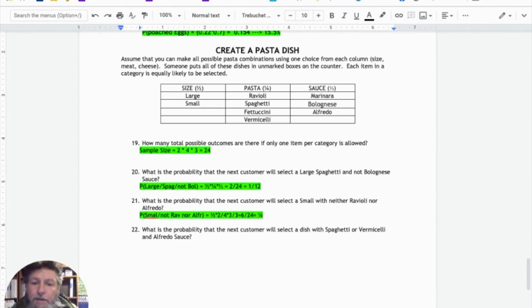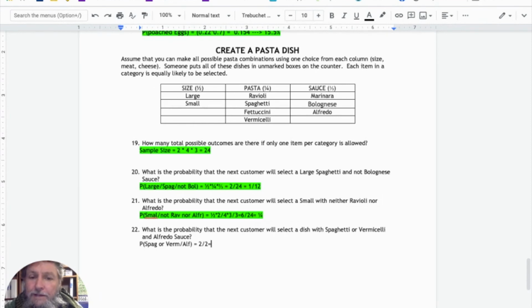And what is the probability that the next customer will select a dish with spaghetti or vermicelli and Alfredo sauce? Well, they didn't say anything about the size, so we're going to get 2 out of 2 because the size doesn't matter. Either option is available. That actually comes to 1.